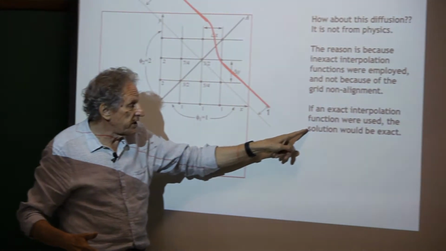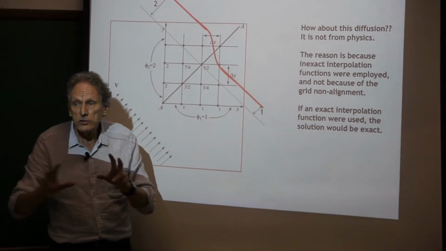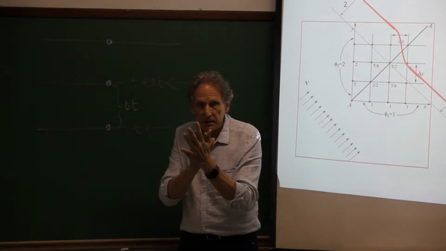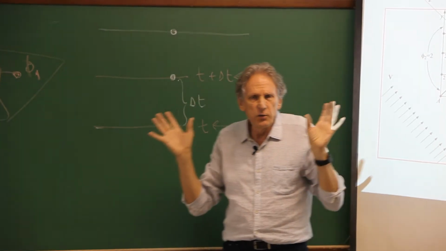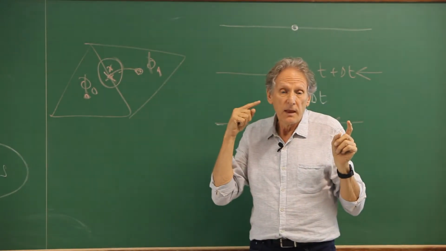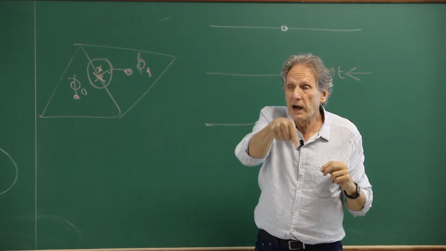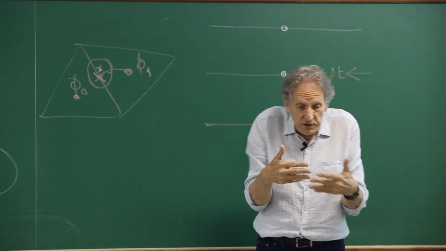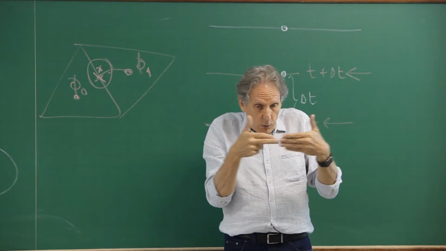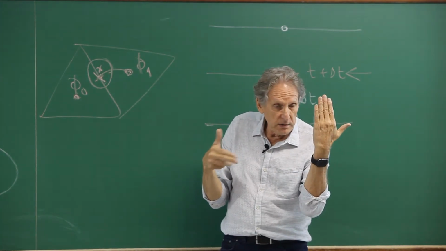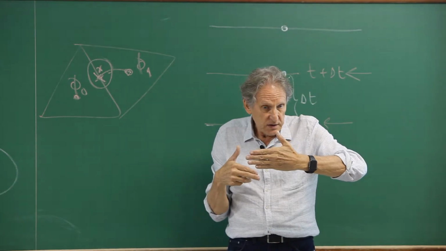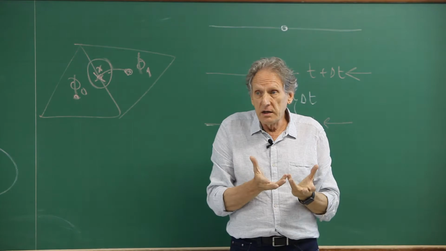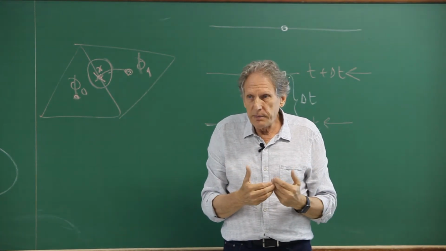If an exact interpolation function were used, the solution would be exact. It doesn't matter that we incline. You can incline the grid the way you want. The question is, use the right interpolation function, then you will have the good solution. If you insist on having 1D for y, and 1D for x, upwind, and the problem is 2D, that's the wrong part.